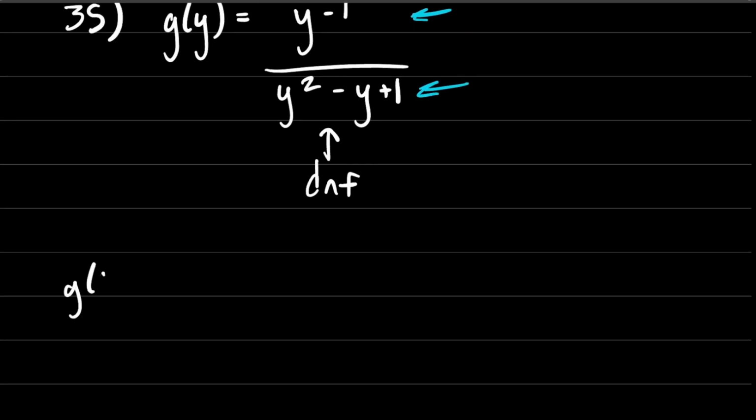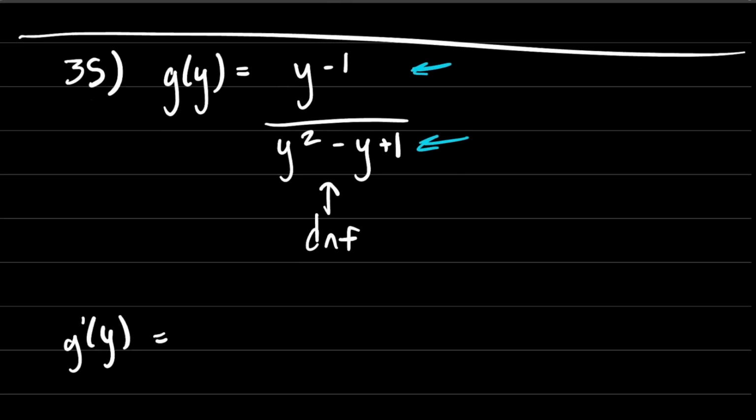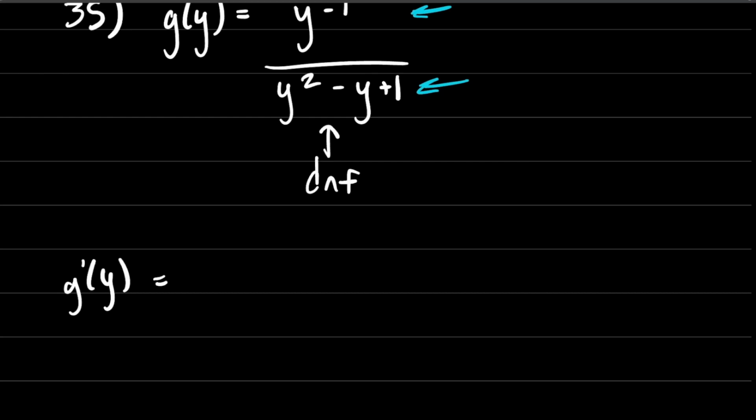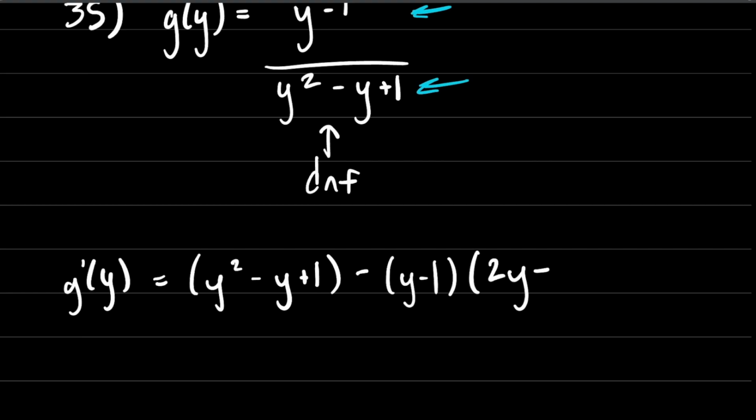We can say g of y prime equals the derivative of the top, which is just 1, times the bottom, which is y squared minus y plus 1, minus the top, which is y minus 1, times the derivative of the bottom, which is 2y minus 1.